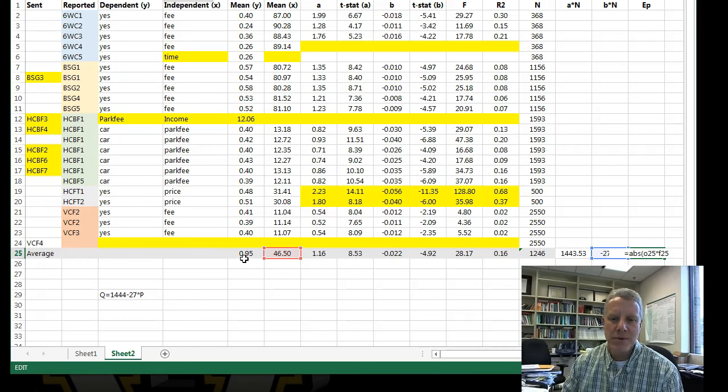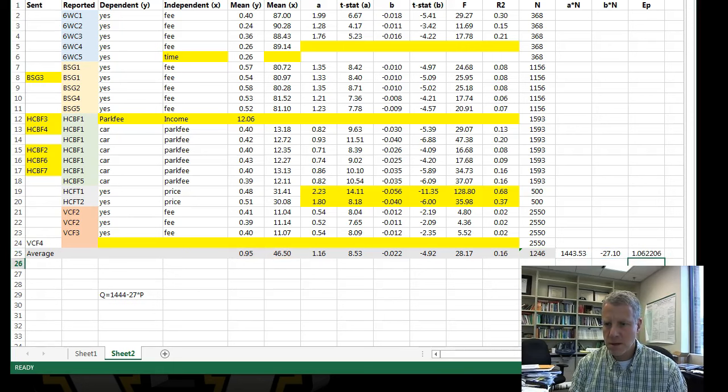You want to scale that up to the market average. So we're going to multiply E25 times the market size of 1246. Okay, so F25 divided by another parenthetical. Where are we? Okay, E25 times M25. Close parentheses, and let's see what we get.